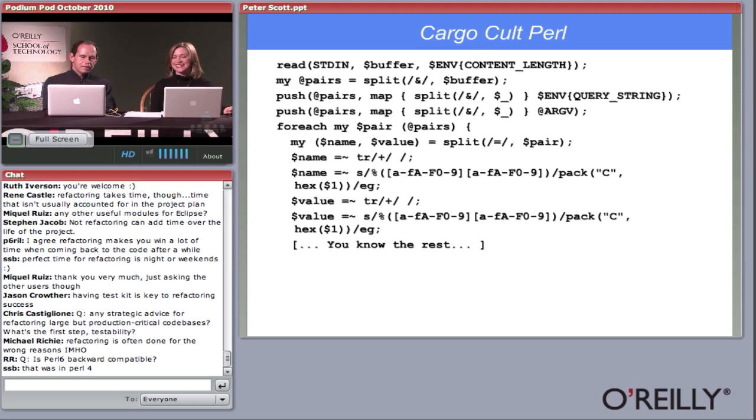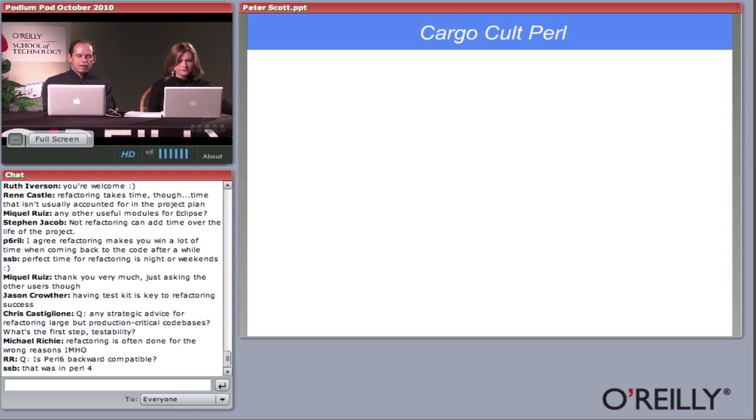One of the things you see is this code plastered all over the internet as something that belongs in programs that operate on web forms, and it is so much easier to say use the CGI module, which operates instead of that and gets it right, whereas the previous code omits things.